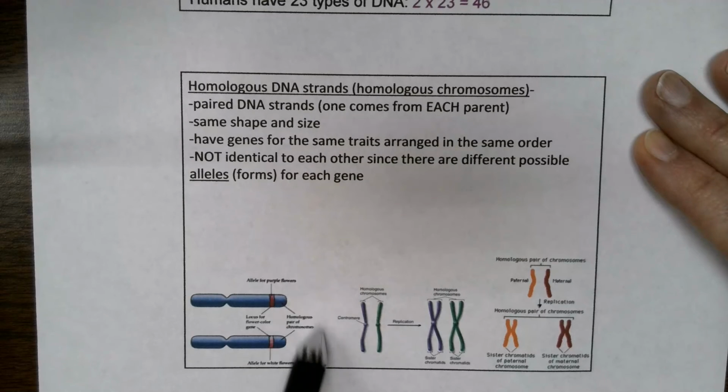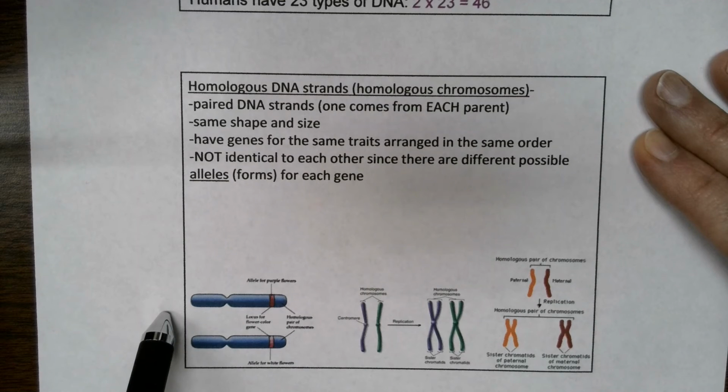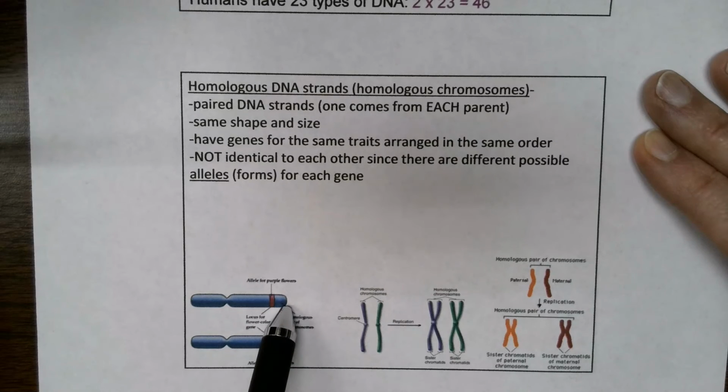So let's consider this picture down here of these 2 blue chromosomes, the zygote of some flowering plant, a pea plant, like Mendel's pea plants. That's what this is supposed to be. In the egg cell and the sperm cell, they each have a chromosome that's this length, this shape and size, with this particular gene and many others along its length in the same location.